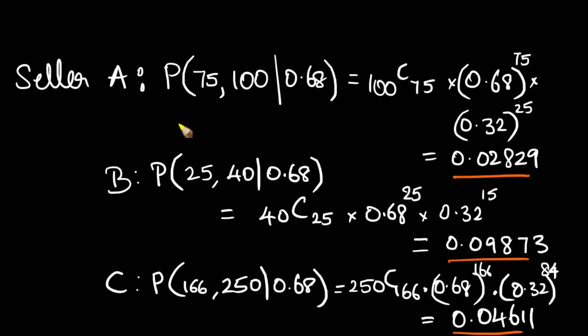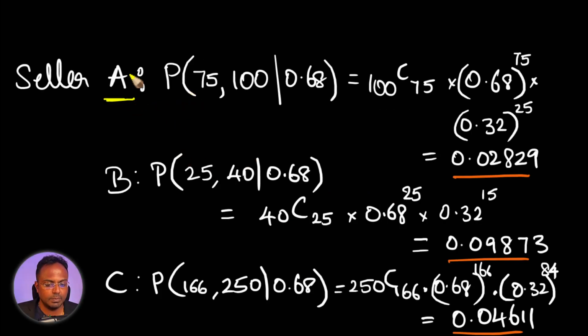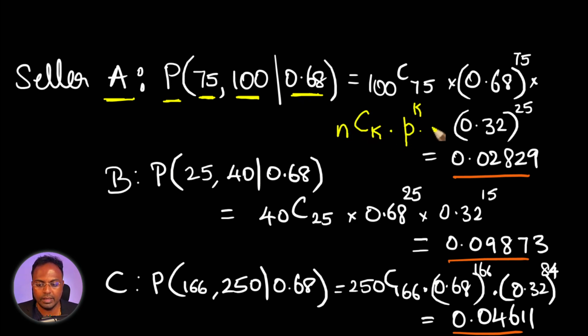So let's use the PMF calculation for each of the 3 different sellers, the PMF for the binomial distribution. The probability of getting 75 successes out of 100 trials with a probability of success equal to 0.68, we can use the formula nCk multiplied by p to the power k, times 1 minus p to the power n minus k. We substitute all of this for all 3 cases.